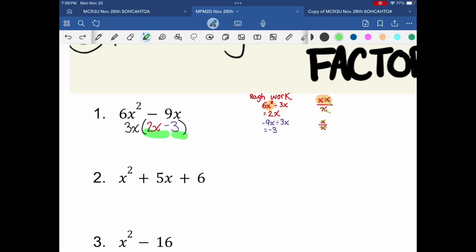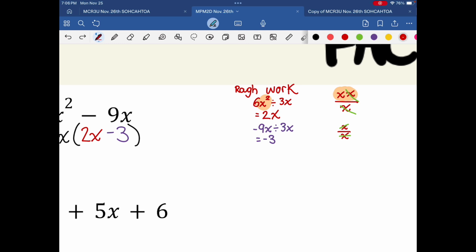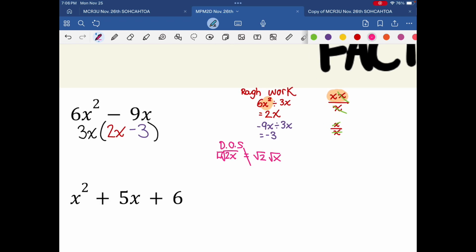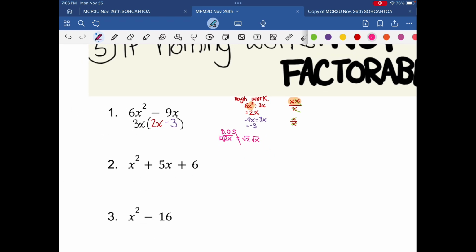Difference of squares is if we can square root the first term. Can we do the square root of 2x? We can't do the square root of 2, and we can't do the square root of x. So no, the first condition does not apply. So that's all we could do.